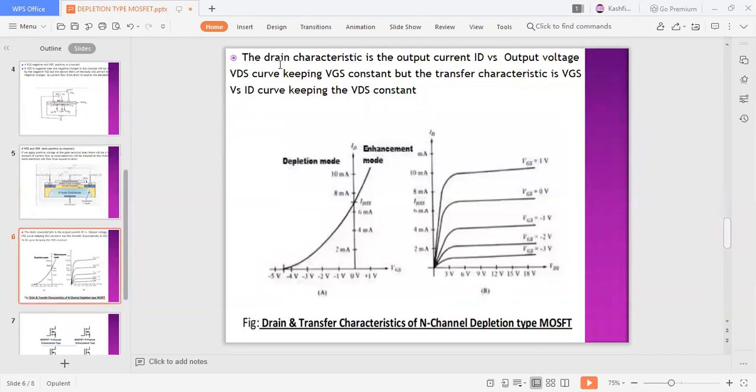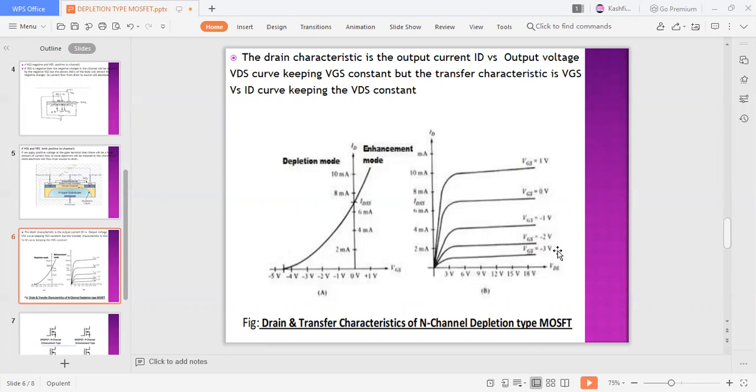Now the drain characteristics is the output current ID versus output voltage VDS curve, keeping VGS constant. But the transfer characteristic curve is the VGS versus ID curve, keeping VDS constant. Now this is the drain characteristics curves, that is VDS versus ID.